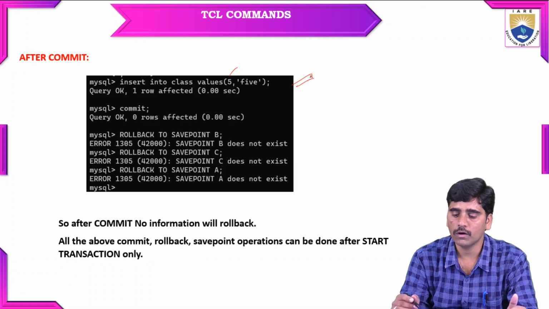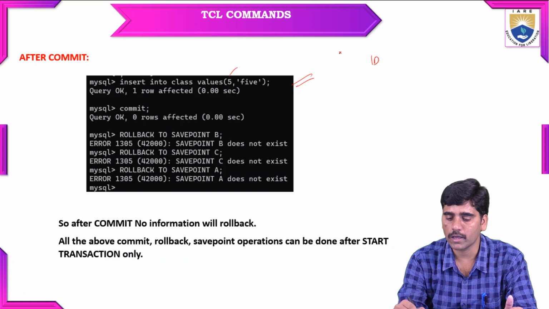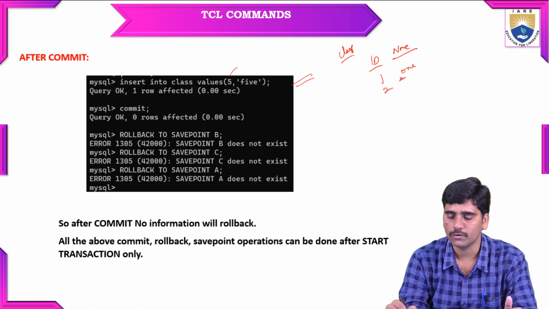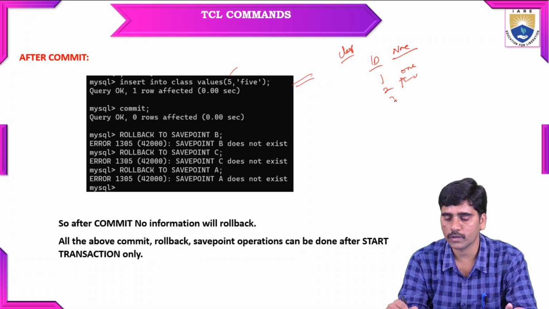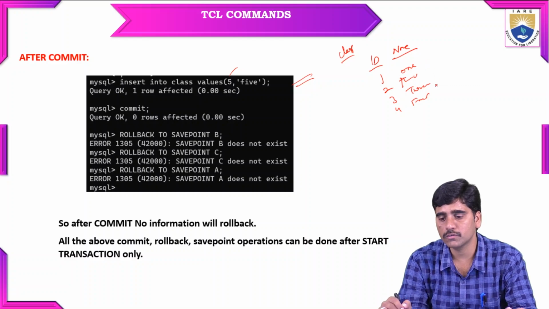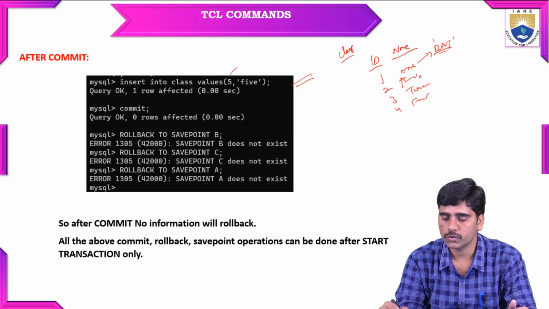The class table already contains ID and name: 1 with name 1, 2, 3 and 4. These 4 values are already inserted, and 1 has been updated as Raj also.